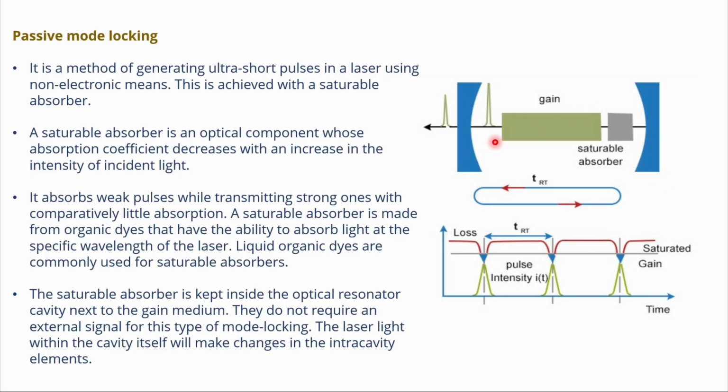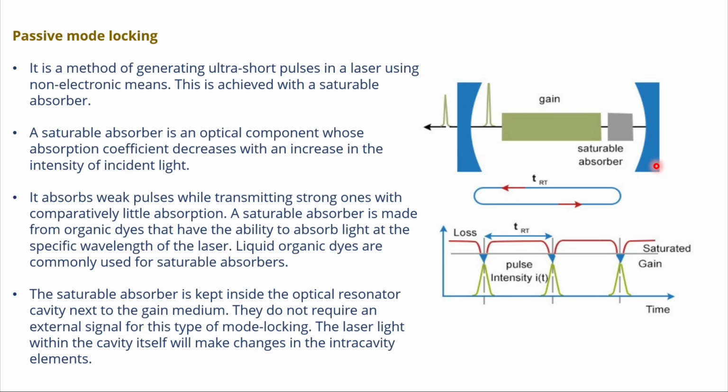In passive mode locking, inside the cavity there are two main components: the gain medium and the saturable absorber. The gain medium amplifies light, giving energy to photons, and the saturable absorber acts like a gate that opens more when the light is intense and less when it's weak.